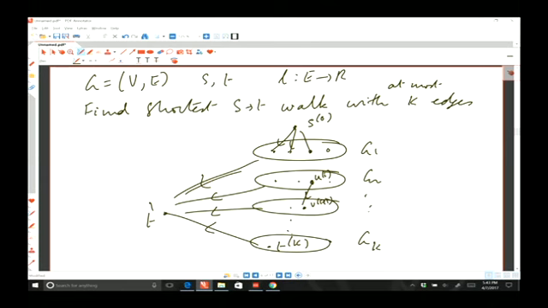What this layered construction does is prevent you from using more than k edges, because to cross from one layer to another you have to use one edge. So you can enforce some constraints this way. Layering is useful, but this is also dynamic programming in some ways. You can think of this as memoizing the DP.